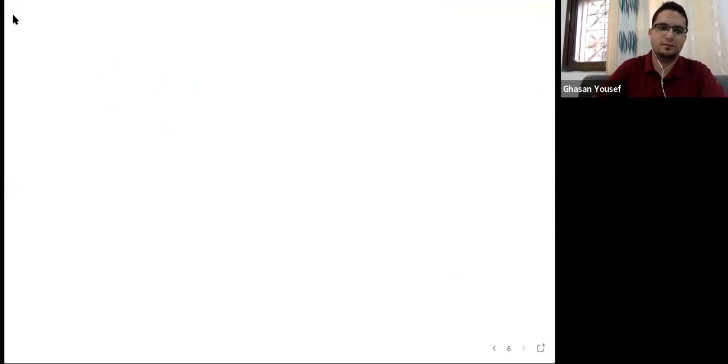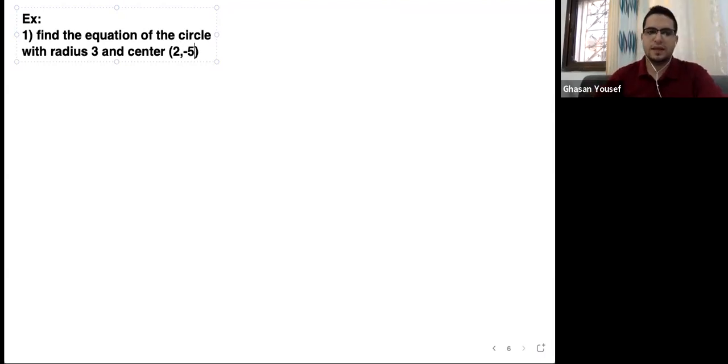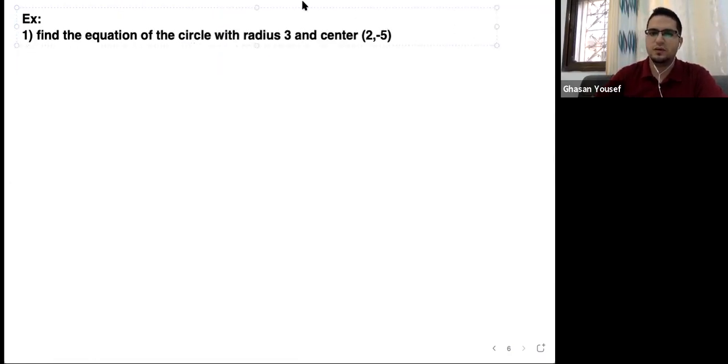The example now, number 3: find the equation of the circle with radius 3 and center (2, -5). What is the equation of the circle that has radius 3 and center (2, -5)?